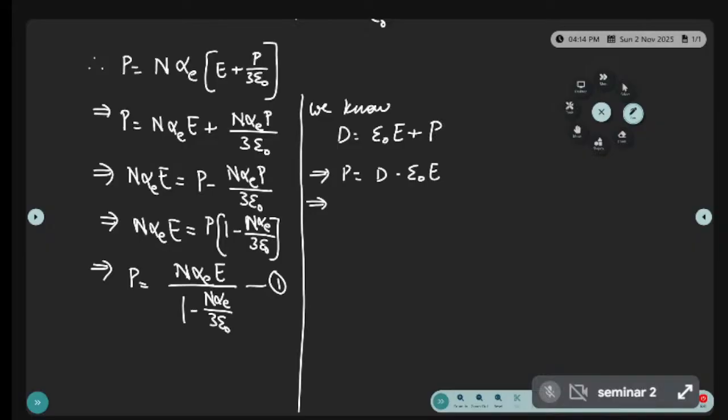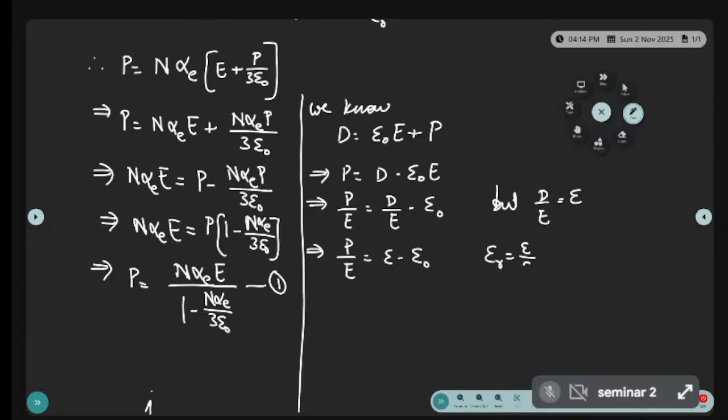What is D? Okay, bring this, P by E is equal to D by E minus epsilon naught. But we know what is D by E? Permittivity. So from this, P by E is epsilon minus epsilon naught. We also know what is epsilon r? Epsilon by epsilon naught. From this, epsilon is epsilon r epsilon naught.